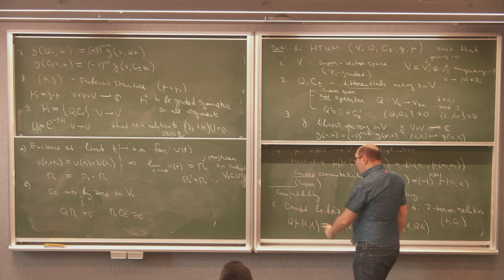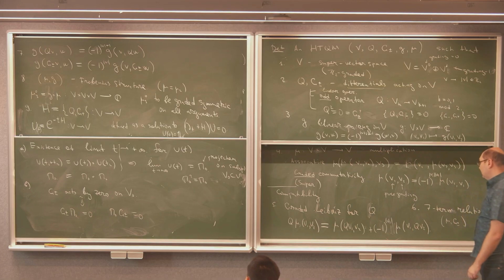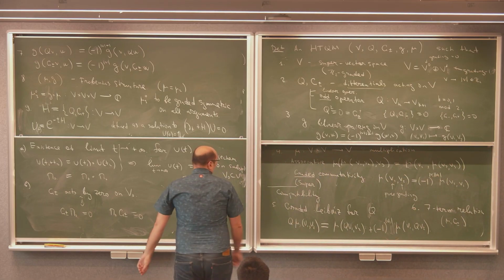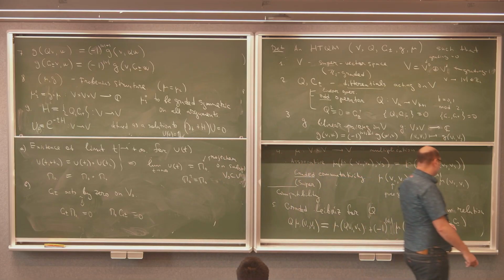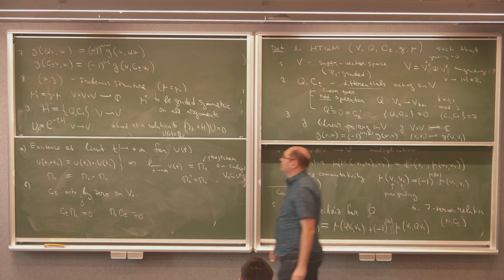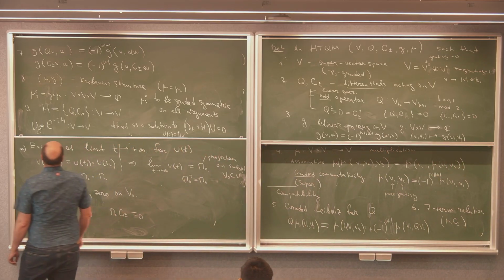So then Q and multiplication obey the Leibniz rule, a graded version of the Leibniz rule. Multiplication and operator G plus minus obey a seven-term relation. So G plus minus looks like a second order differential operator with respect to this multiplication.